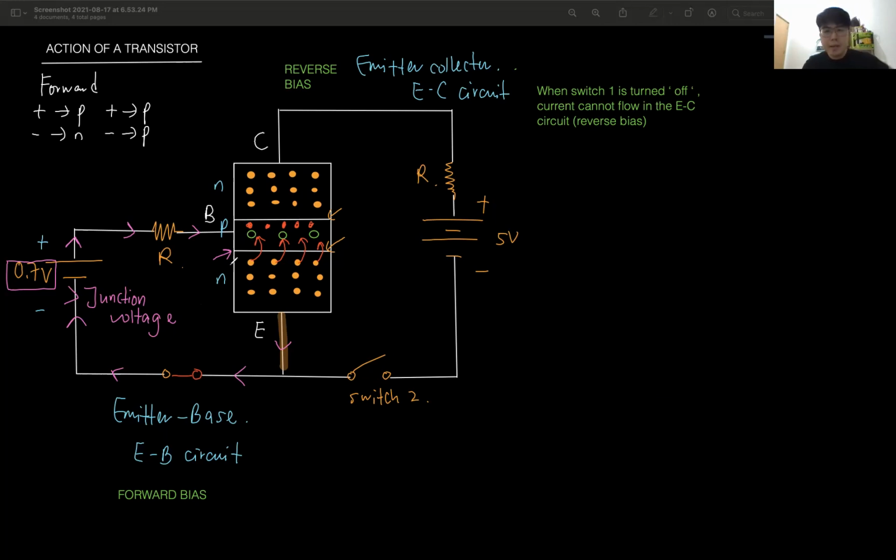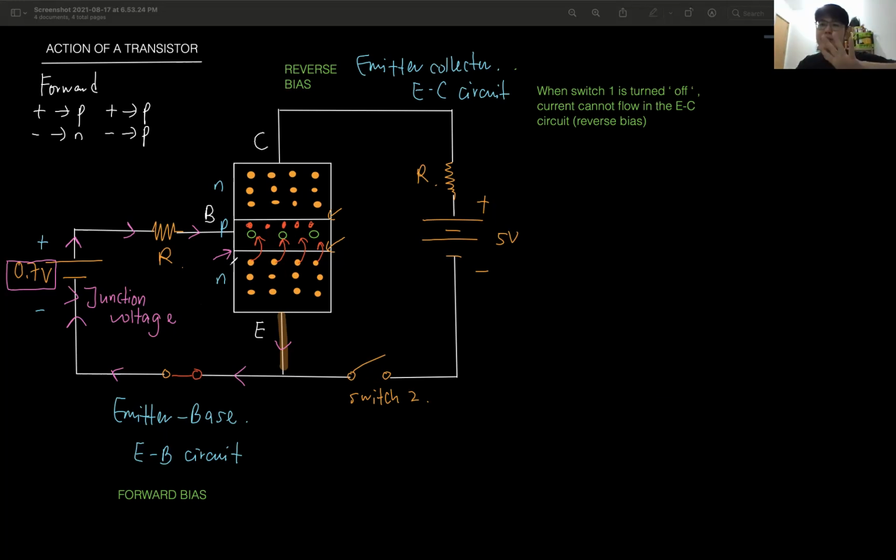And what happened to these 5 electrons? Now remember I said the base is lightly doped, meaning that it has a few holes. It only has a few holes. In this case, let's say it has only 3.